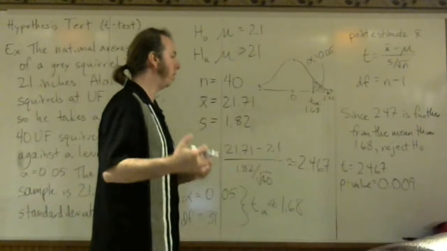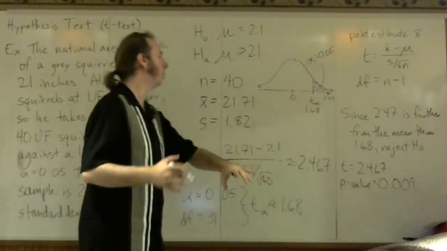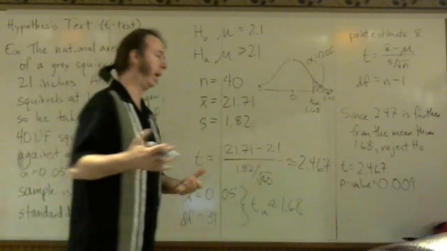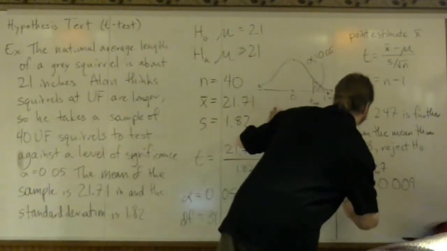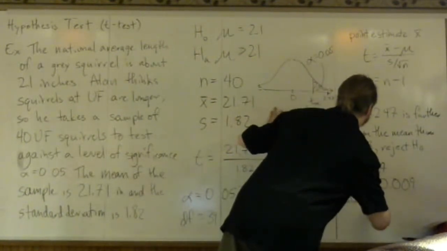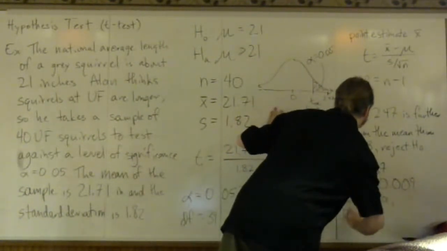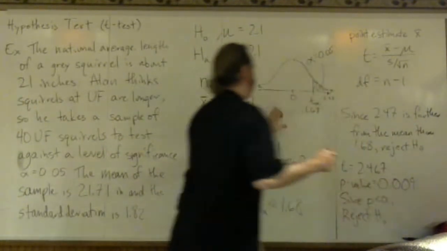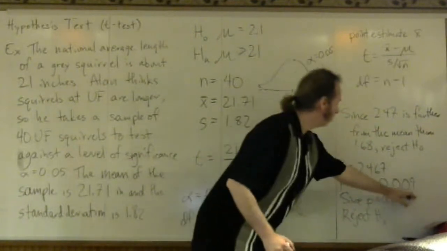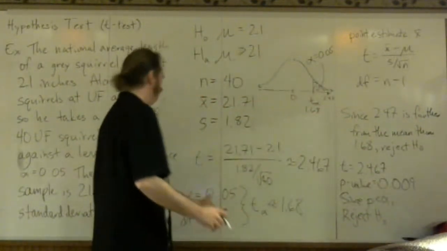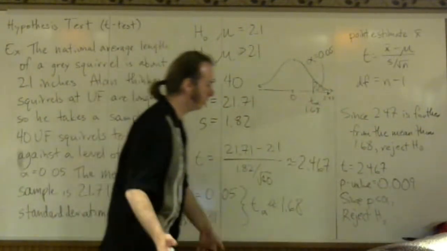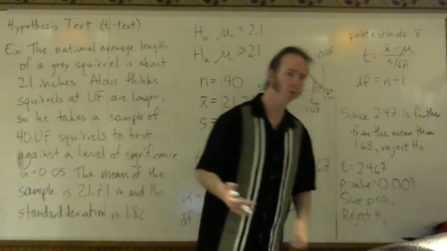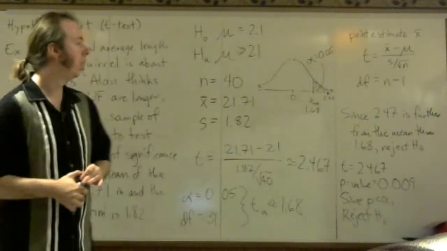When I compare p-values to alpha, I want my p-value to be less, so again, I'm comparing this 0.009 to this original 0.05. Since my p-value is less, I reject the null hypothesis.